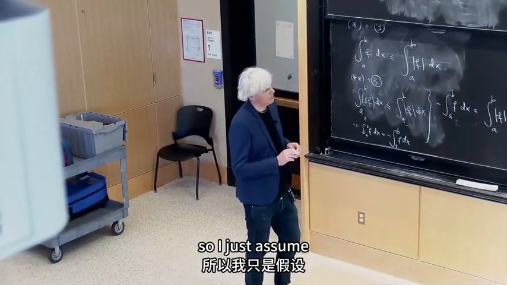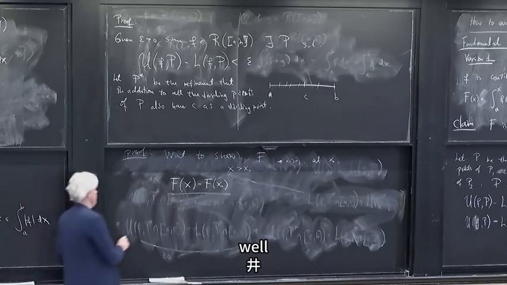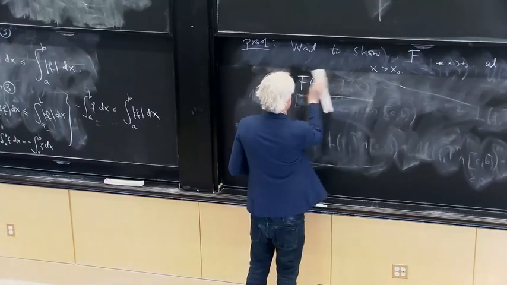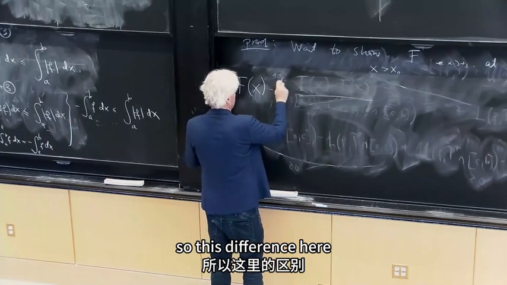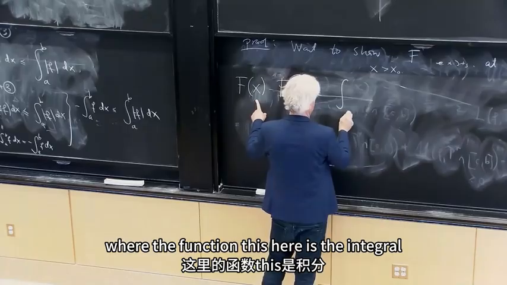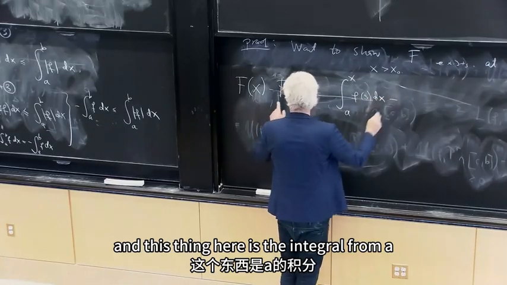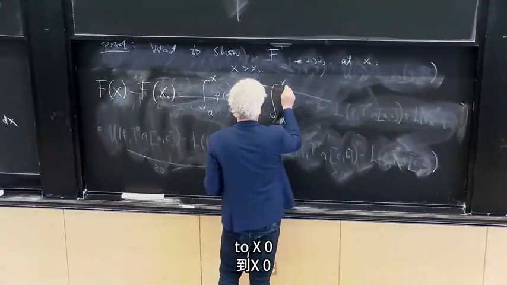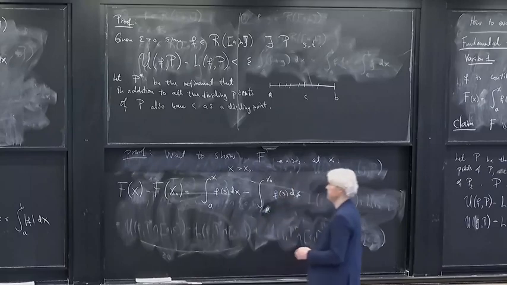So let me write it over here so I have a little more space. This difference is the integral from a to x of f of s ds, minus the integral from a to x0 of f of s ds.